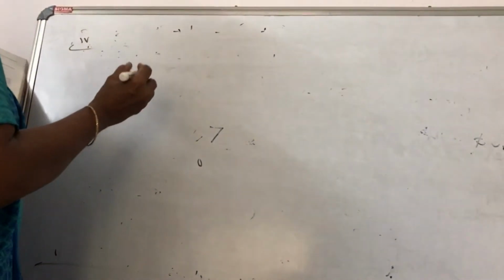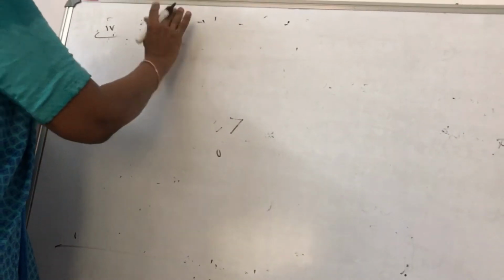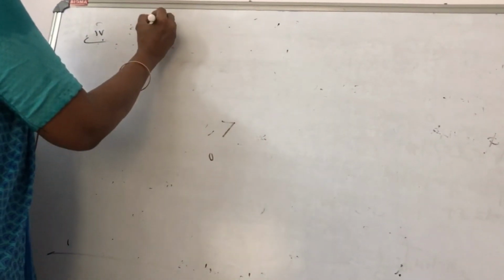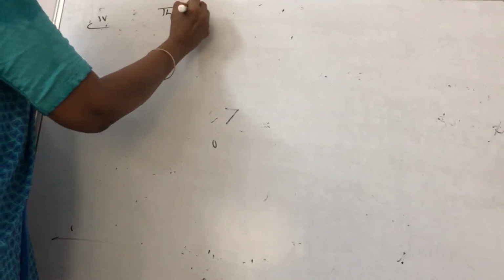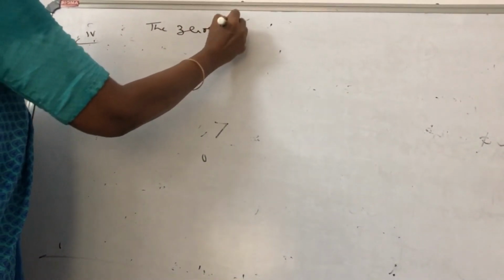Find the remainder when x cube minus ax squared plus 6x minus a is divided by x minus a. Your divisor is x minus a.